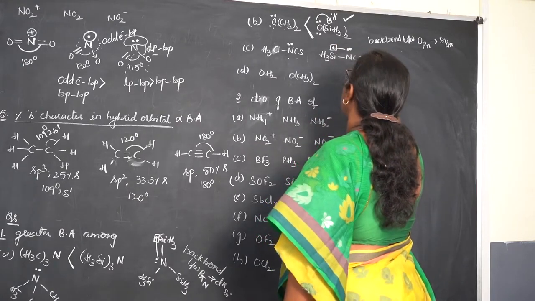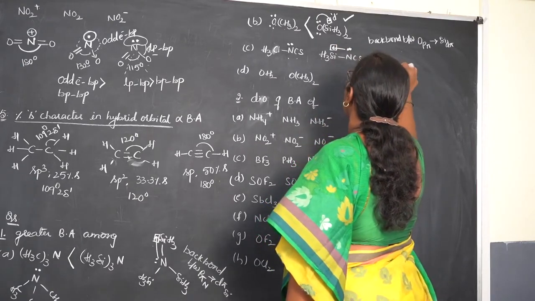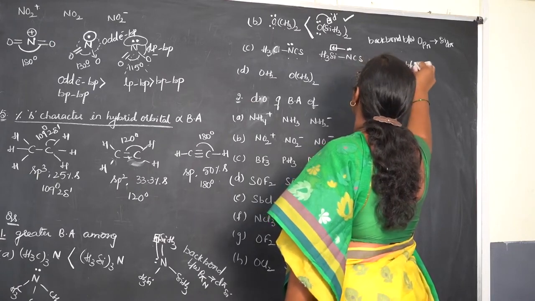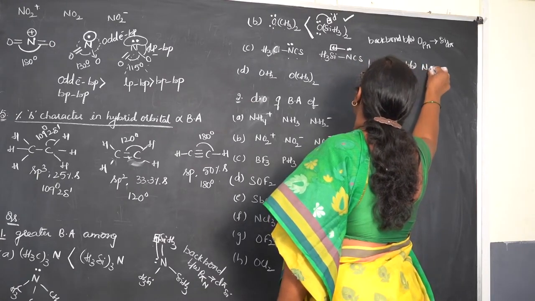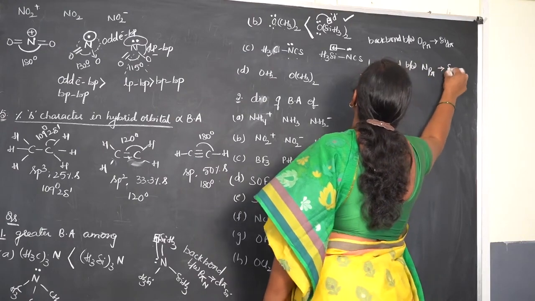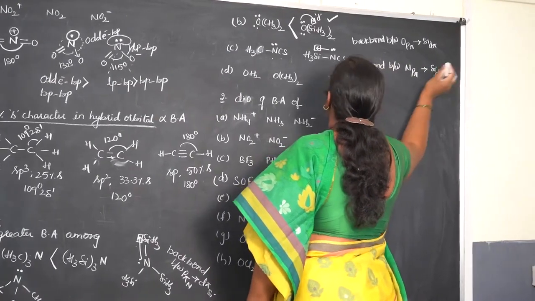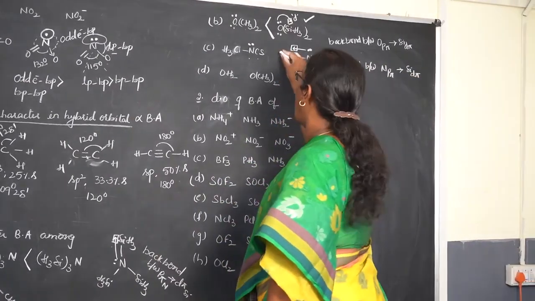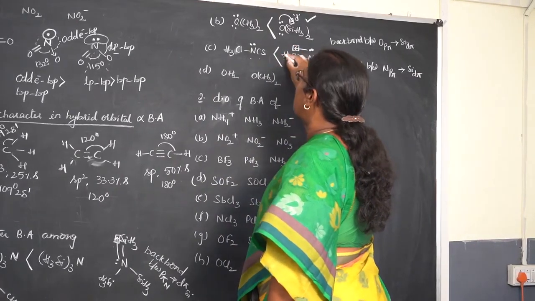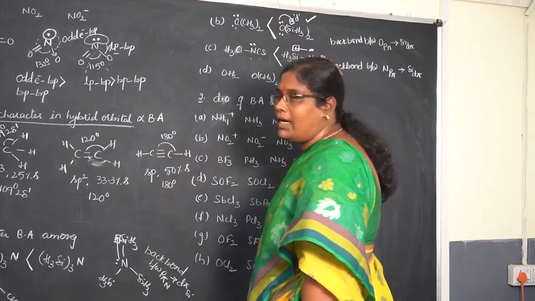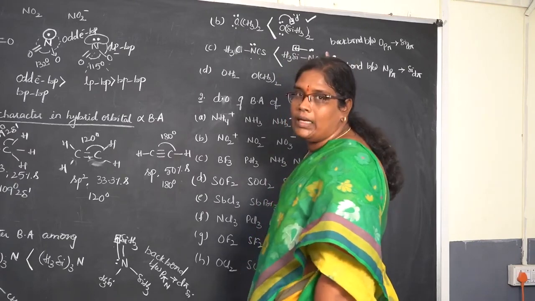Back bond exists between nitrogen p pi orbital to silicon d pi orbital, increases bond angle. So it is silyl isothiocyanate which has greater bond angle.